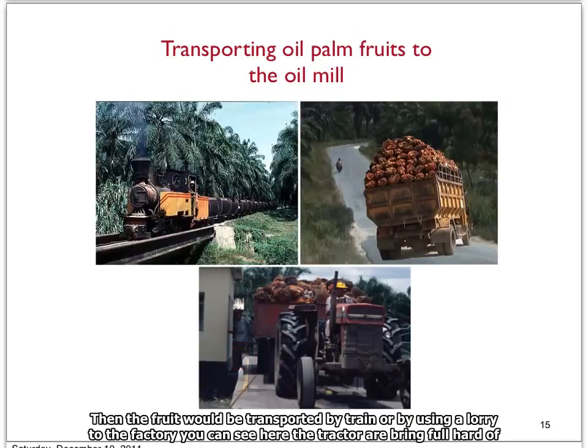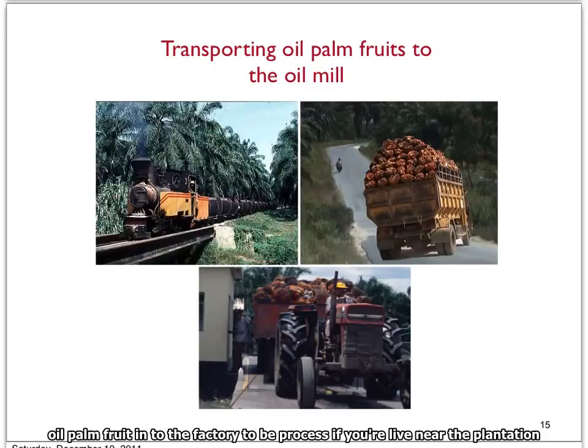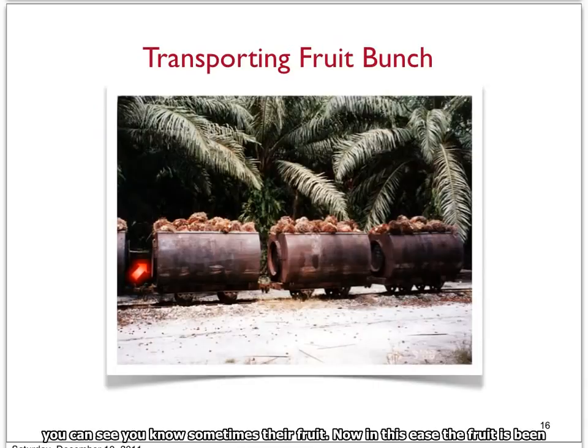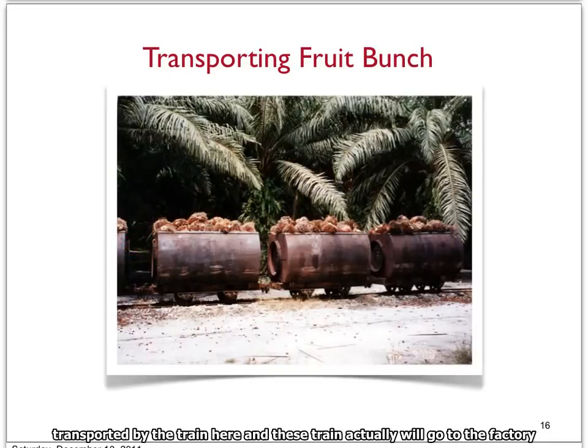As you can see here, the tractor brings a full load of oil palm fruits into the factory to be processed. If you live near the plantation, you can sometimes see the fruits being transported by a train, as in this case, and this train will go to the factory.